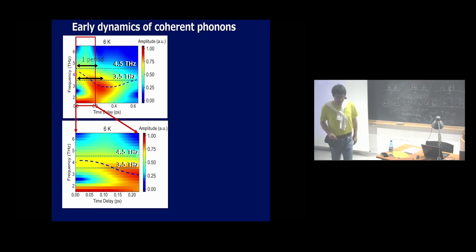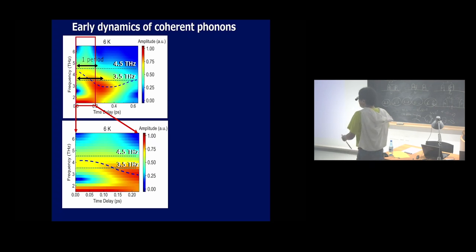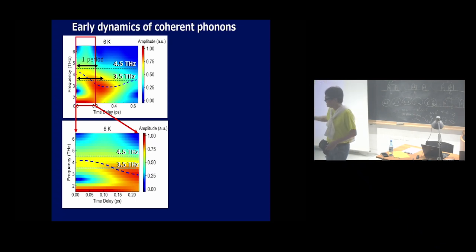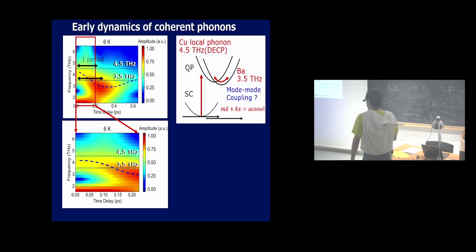We have not yet reached any conclusion about the reason for such modulation. But anyway, such a build-up time of 100 femtoseconds and the frequency modulation cannot be explained by the simple ISRS mechanism.